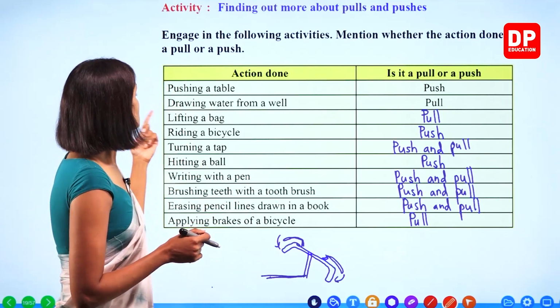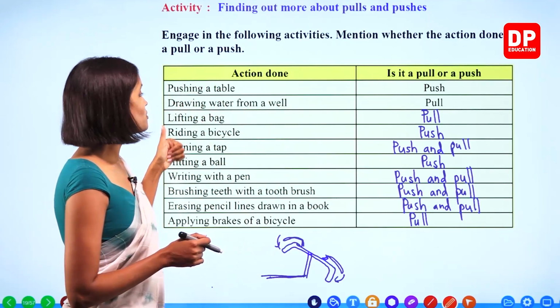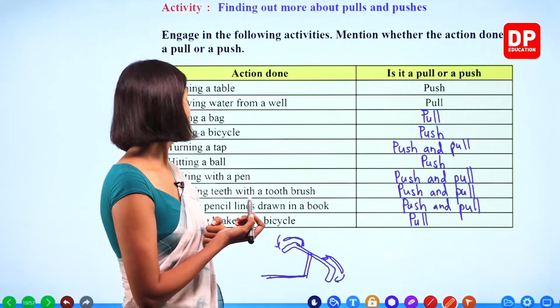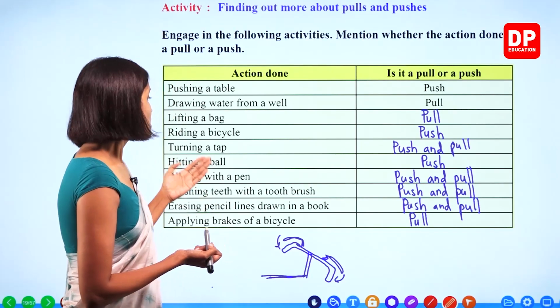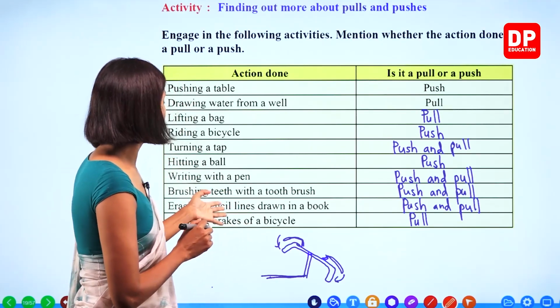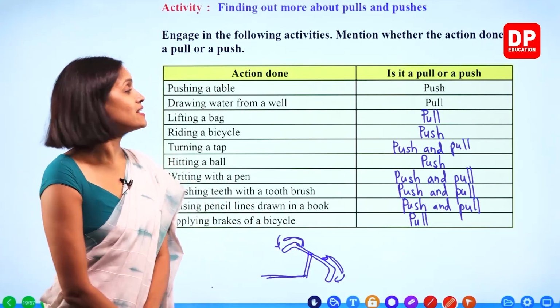Turning a tap, push and pull both. Hitting a ball is a push. Writing with the pen, push and pull. Brushing teeth, push and pull. Erasing pencil lines, push and pull. And applying brakes of a bicycle, you have to pull. Right, children?